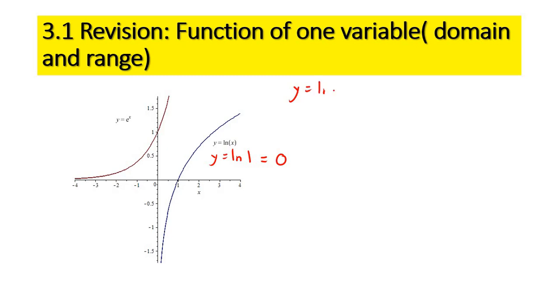For y equals ln x, x cannot be equal to 0, because you see from the graph x never touches 0. When x approaches 0, y approaches negative infinity. So when x goes to a bigger number, y also goes to positive infinity there.